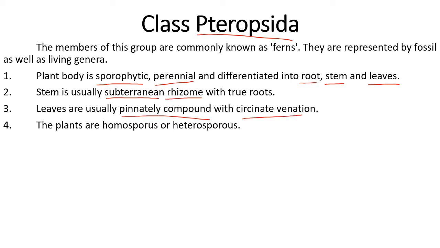The plants are homosporous or heterosporous. Both kind of plants can be seen. Homosporous, you can see the ferns, and heterosporous, you can see Marsilea. Pictures we can see maybe in the next slide. Let's see.